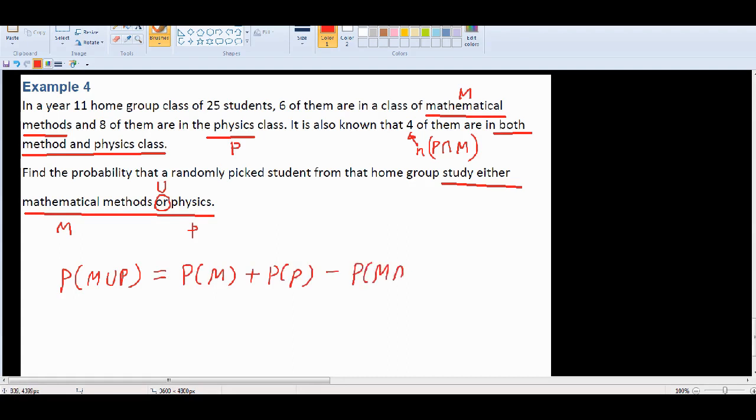And the next thing you are going to check: do we have enough information? Yes, because it's already given by the question that 4 is the number of students studying both subjects. Okay, so let's do one by one. P(M), the probability of studying mathematical methods. There are 16 of them, 16 out of 25, and 16 of them studying physics.